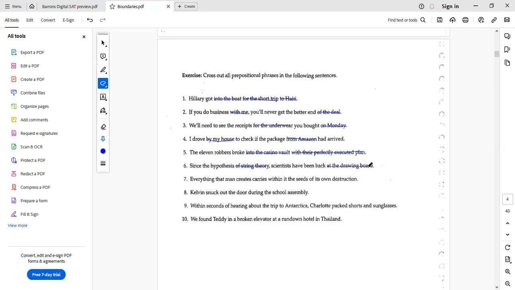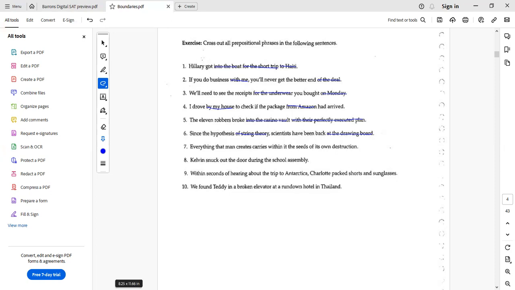Thank you. Abdul Munim again, number 7. Of its own destruction. Okay, there's another one: within it. The seeds is not. Within it only. Okay.